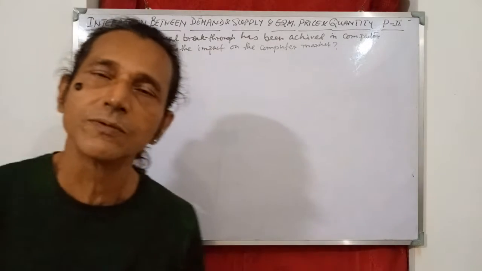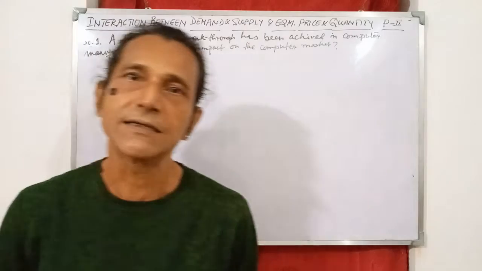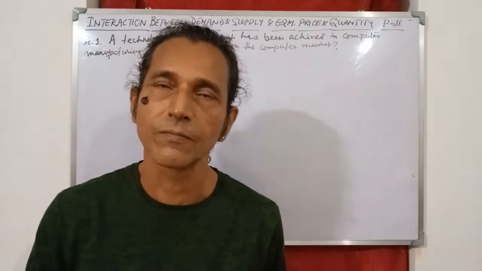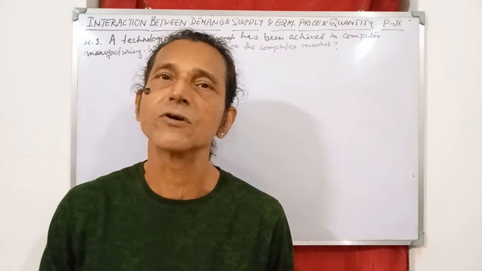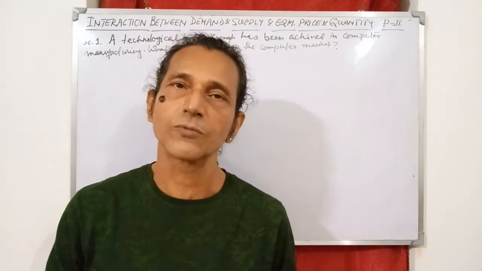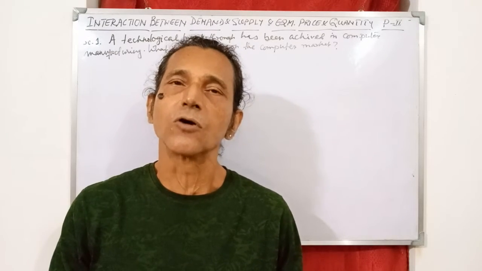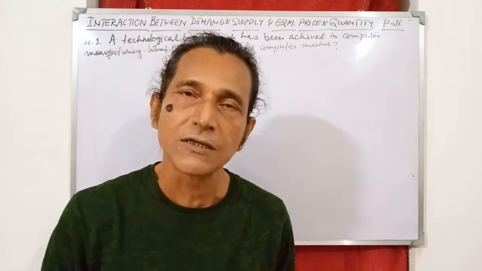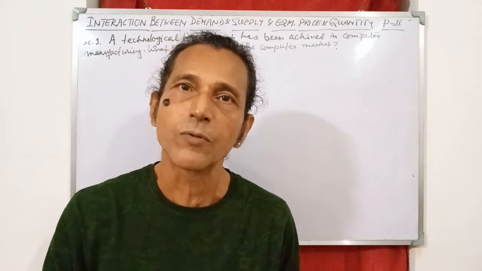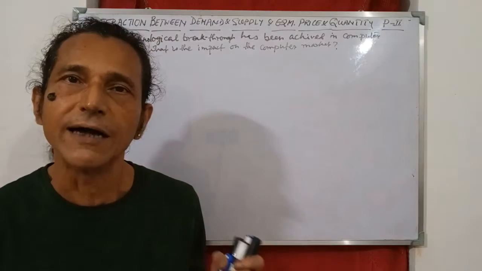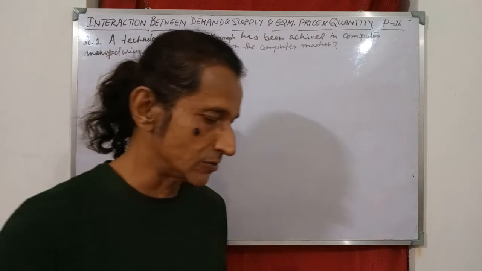Now, technological breakthrough can result in either of 2 things. Either there will be cost reduction, so cost of production will fall, or there will be cost reduction as well as qualitative improvement of the product. And I shall discuss both the scenarios.